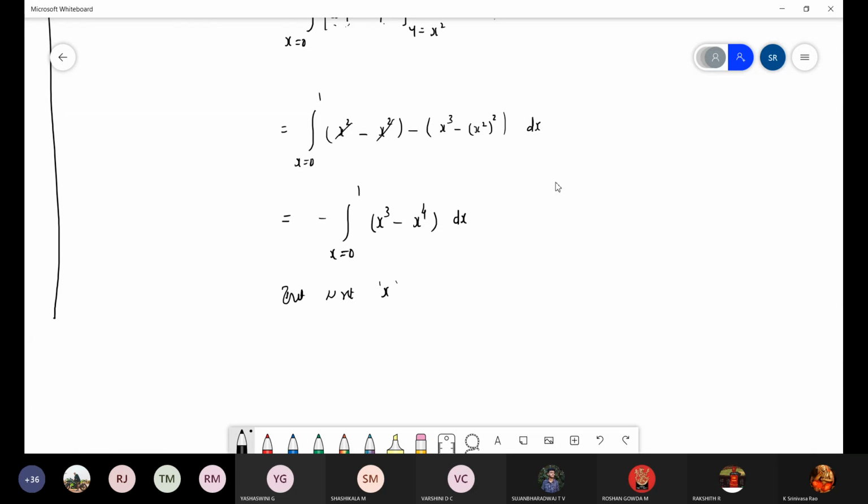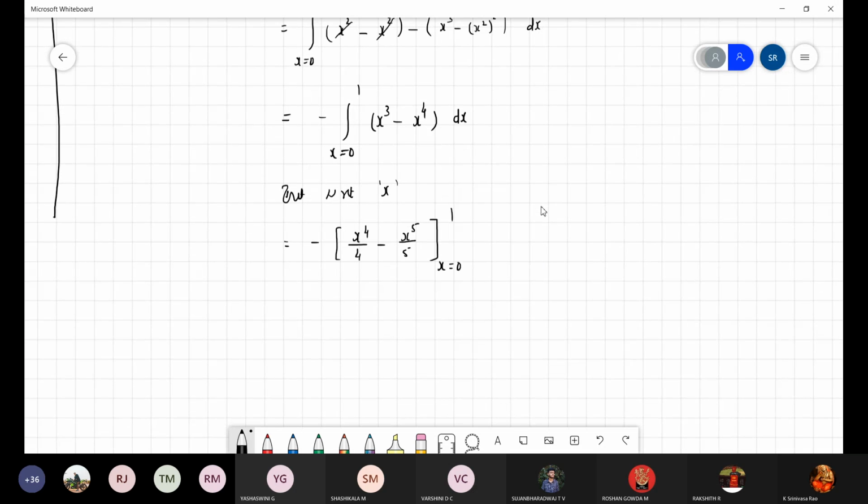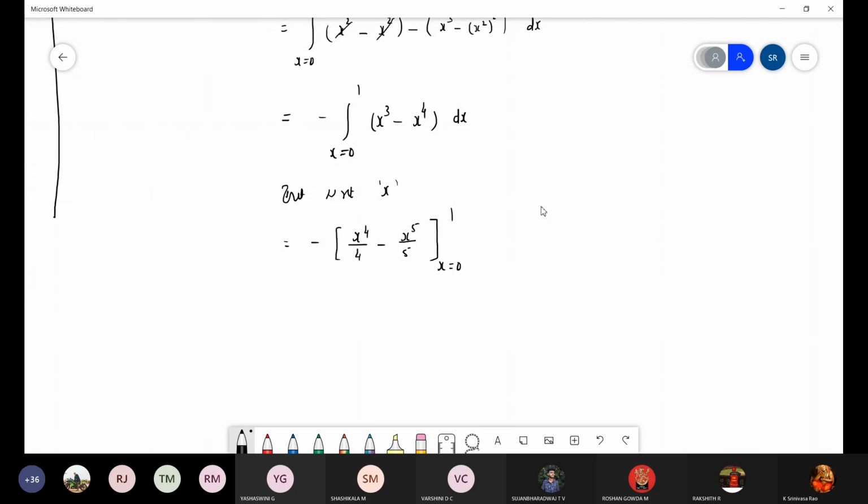Integrate with respect to x. This gives minus of, what is the integration of x cube? x power 4 by 4 minus, the integration of x power 4 is x power 5 by 5, with limit x equals 0 to 1. So only the upper limit, no lower limit because it's 0. So that becomes minus of 1 by 4 minus 1 by 5.